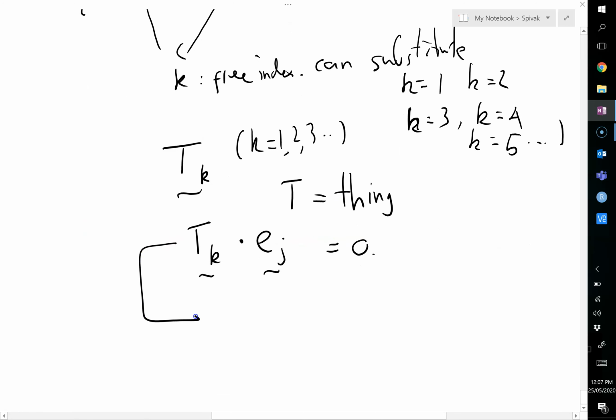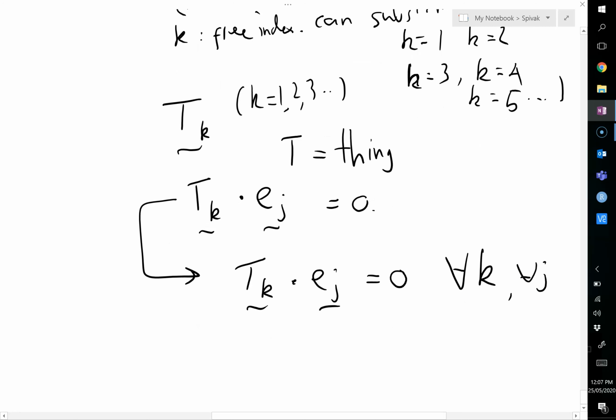Let me rewrite this: t_k dot e_j equals 0 for all k, and actually for all j as well. Well, that's nice. What that tells me, because I'll move out of abstract notation, is that e_1, e_2, e_3 is a basis.